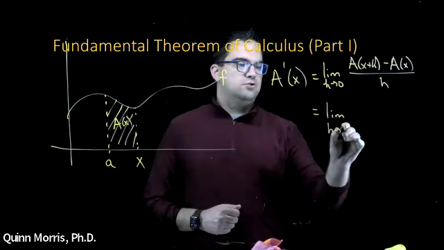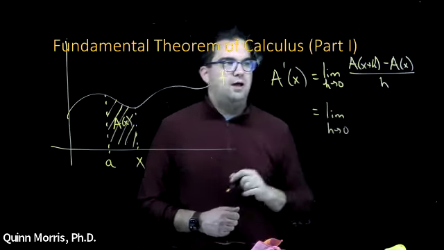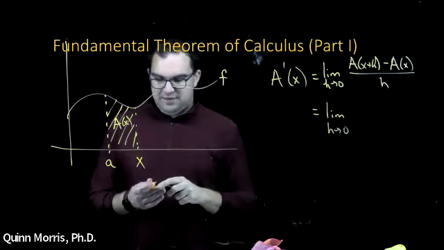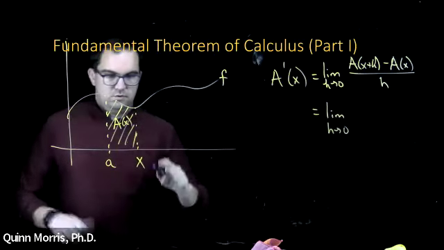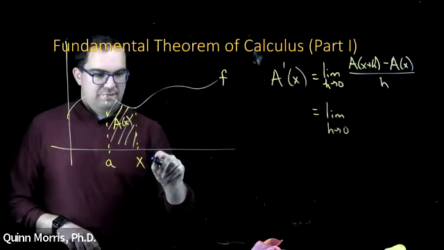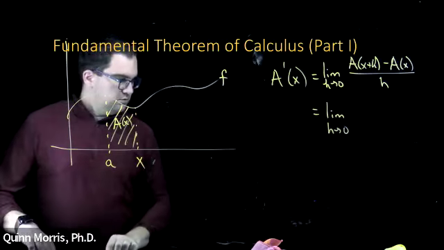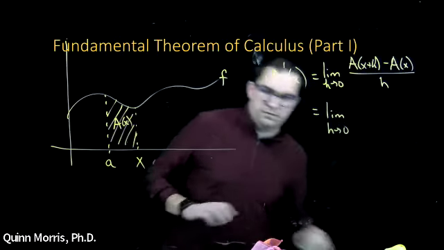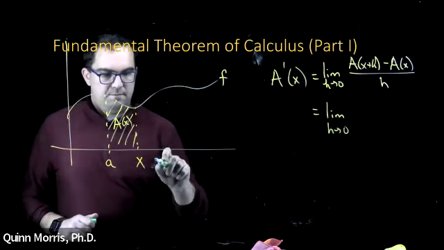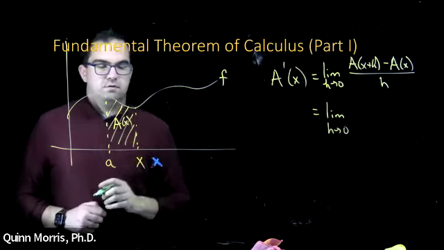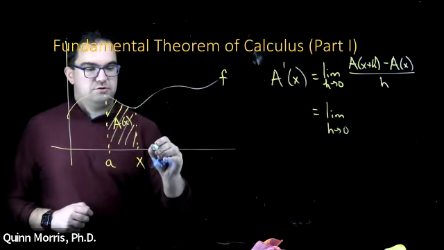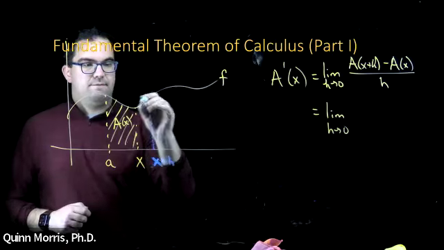Now, if we think about this quantity at the top, A of x plus h would be, if we imagine a slightly different color here, there's some point x plus h just above x, okay?